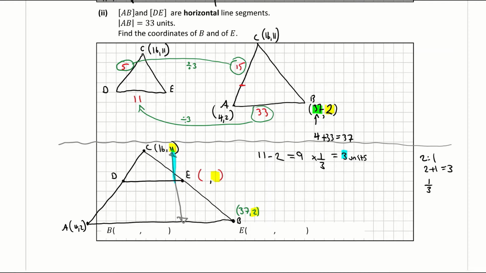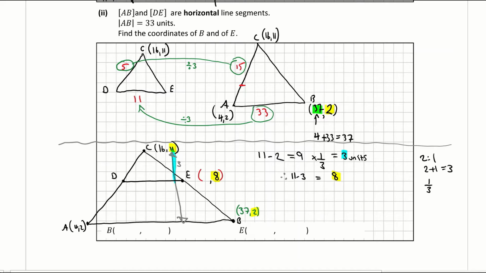So 11 subtract 3 gives me 8 as my y. So my E is starting off as x, 8. That's the y coordinate found.